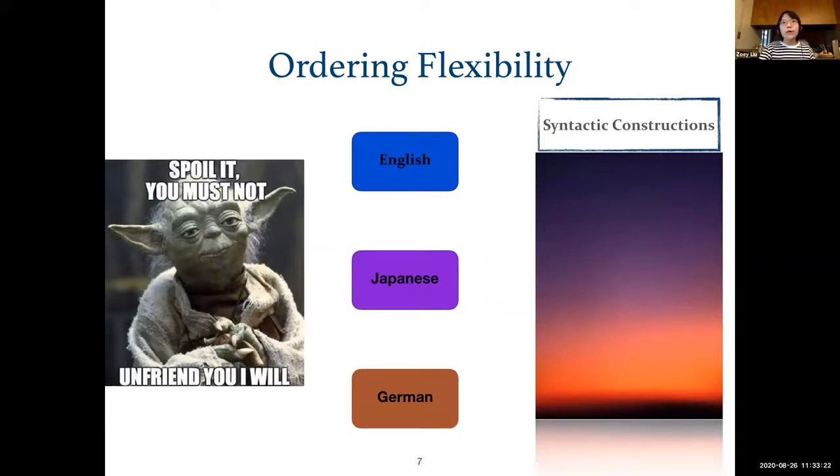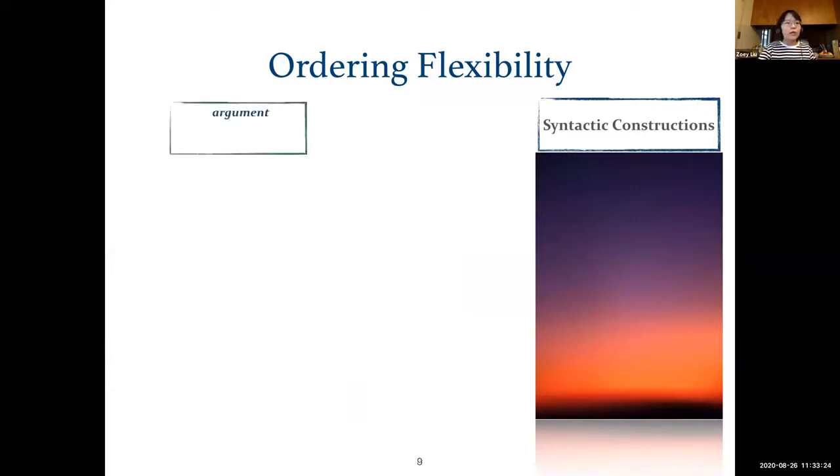For example, in English, if we want to describe a head noun with an adjective dependent, we tend to put it more consistently before the head noun. I could say, this is a reasonable argument.